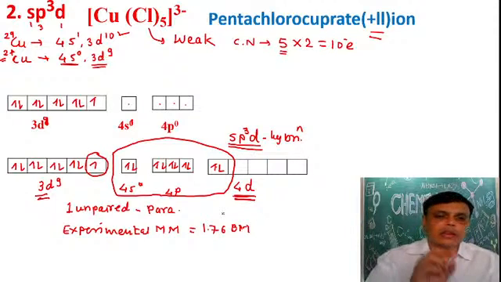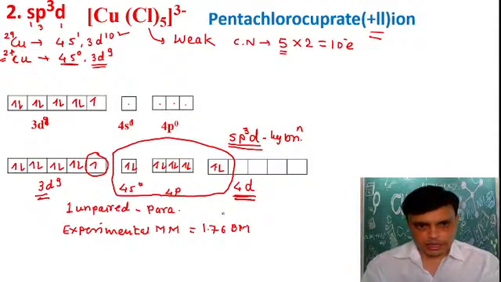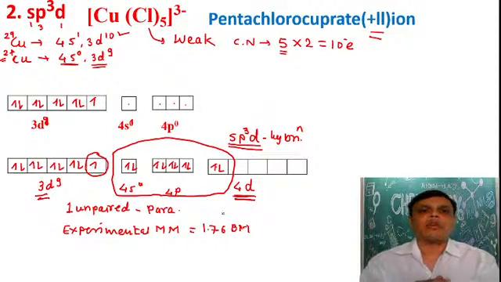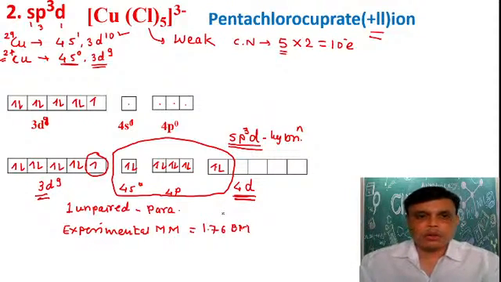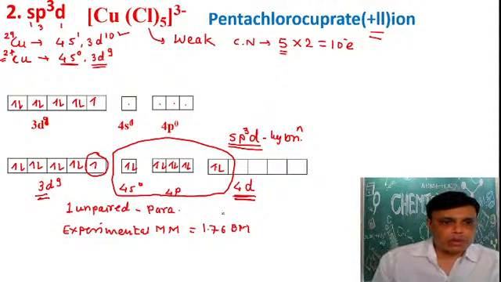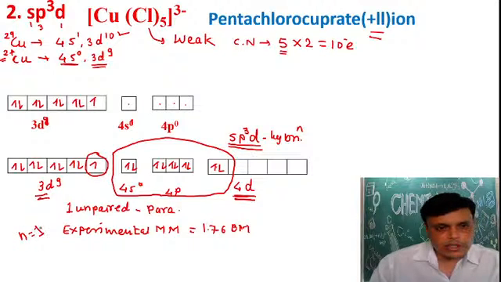Now you tell me the theoretical magnetic moment or calculated magnetic moment of this compound. You have the formula; in the last lecture I told that formula. Put the value of n here. n is equal to how much? n is equal to 1 because the number of unpaired electrons in this is 1.